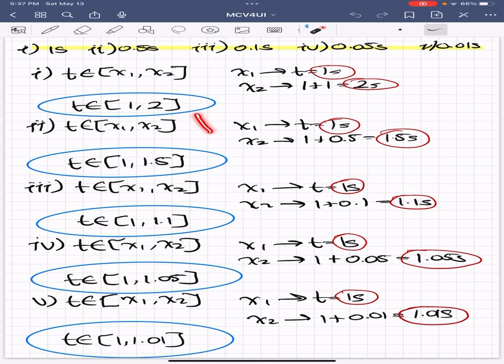And you can see here that I have the t element of x1 and x2 for each of the times allotted.